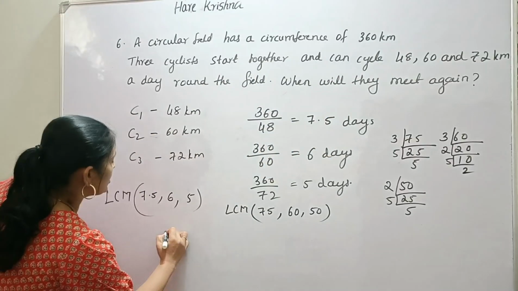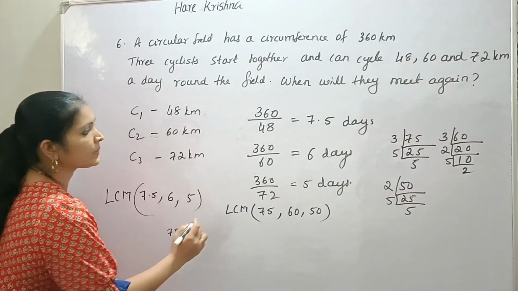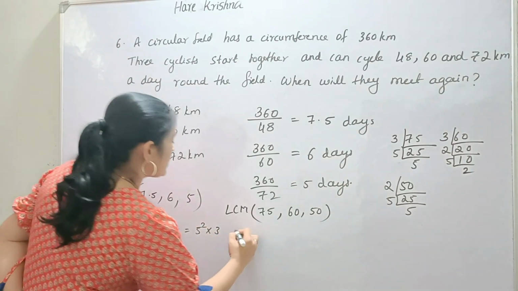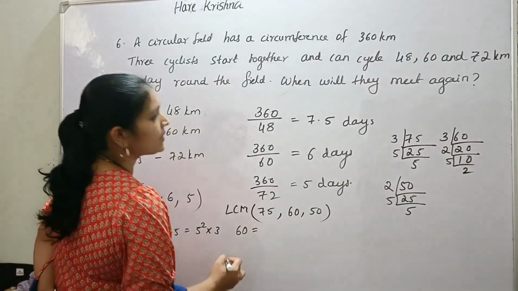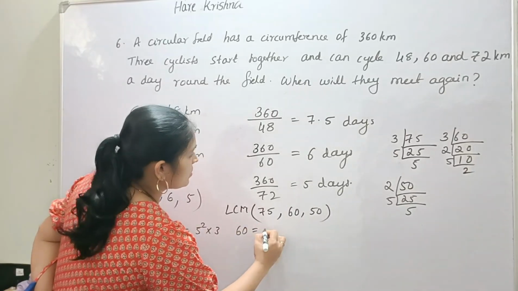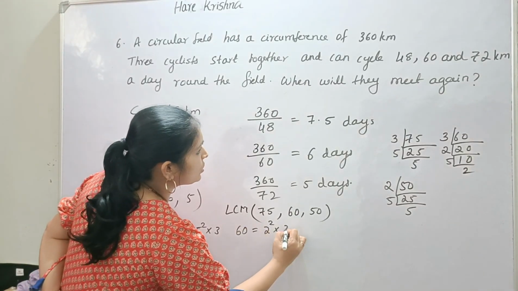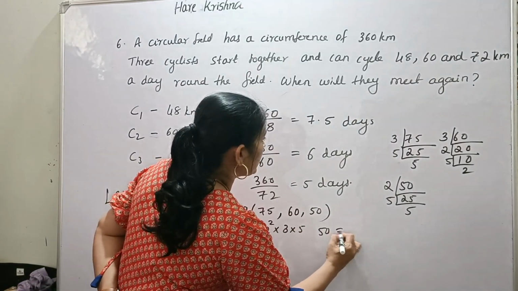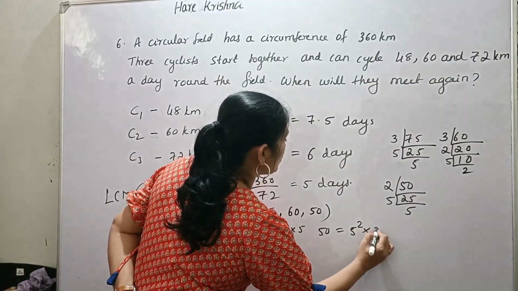So 75 can be written as 5 squared into 3. 60 can be written as 2 squared into 3 into 5. And 50 can be written as 5 squared into 2.